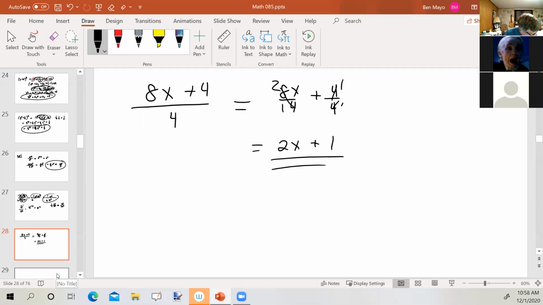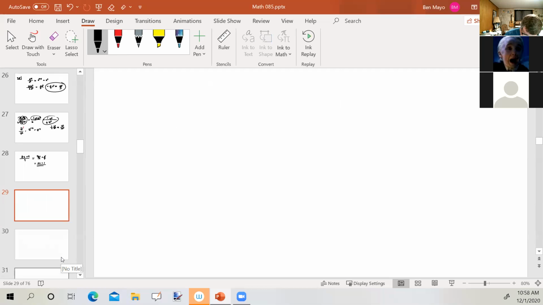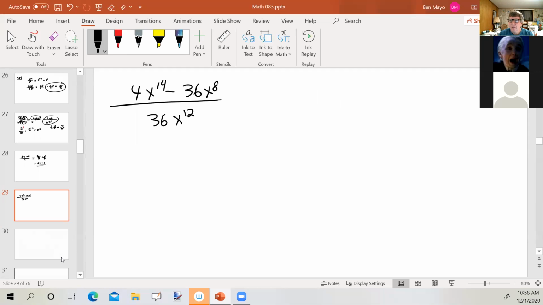Let's say we've got 4x to the 14th minus 36x to the 8th power, all over 36x to the 12th power. We have a polynomial divided by a monomial. So we take each term in the numerator and divide it by the term in the denominator.